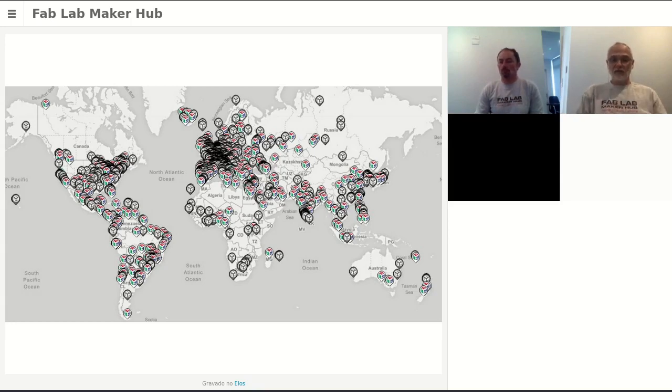So manufacturing becomes distributed via digital data rather than by physically shipping things around. From that one Fab Lab in Boston back in 2009, there are now over 2,000 Fab Labs around the world, scattered all across the globe, as you can see.